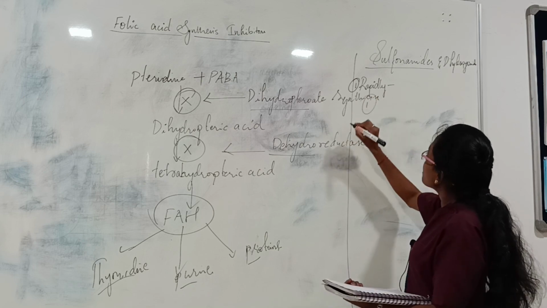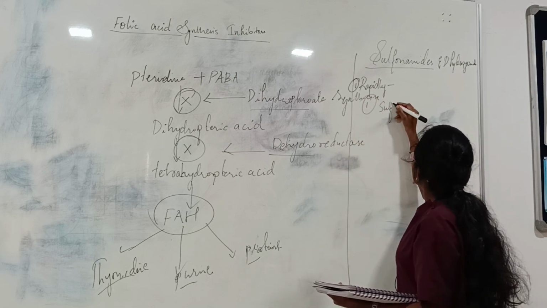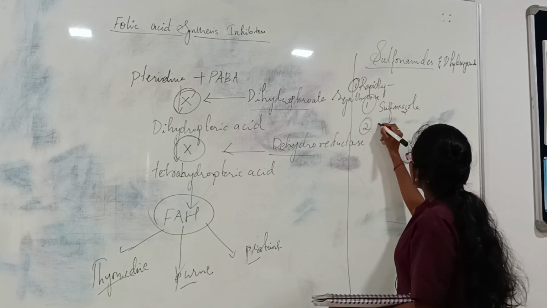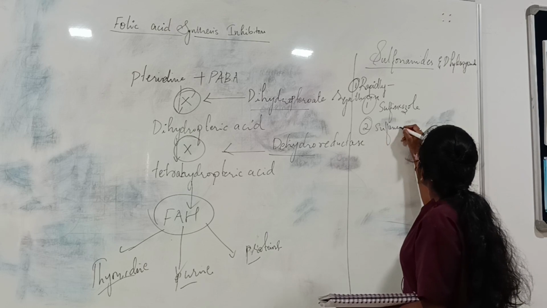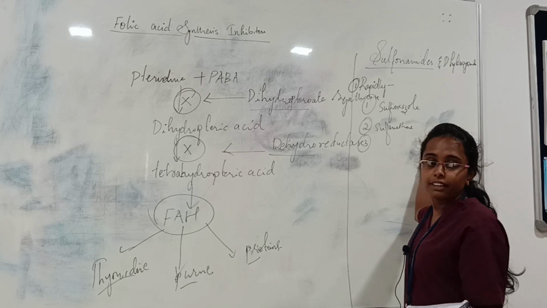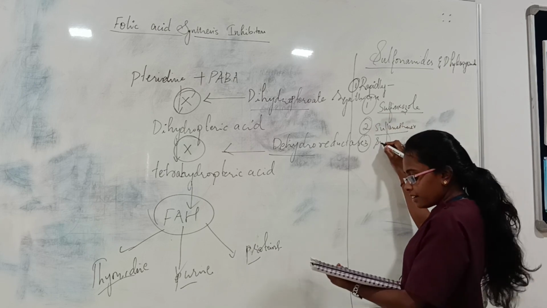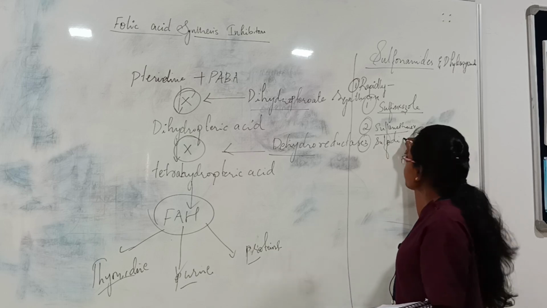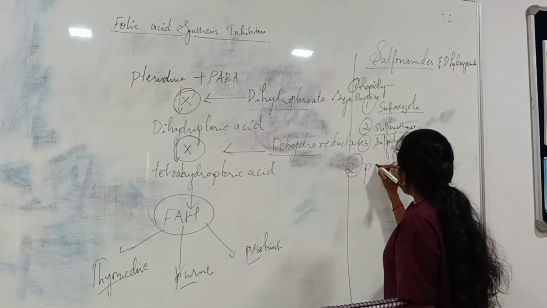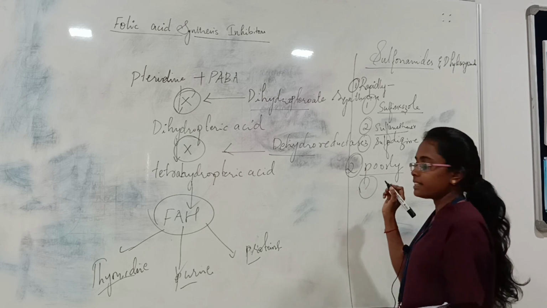Examples of rapidly absorbed: sulfisoxazole, sulfamethoxazole, sulfadiazine. And then poorly absorbed is sulfasalazine.